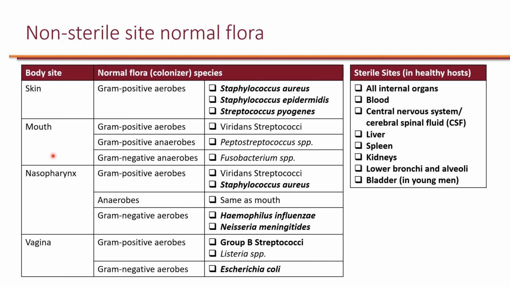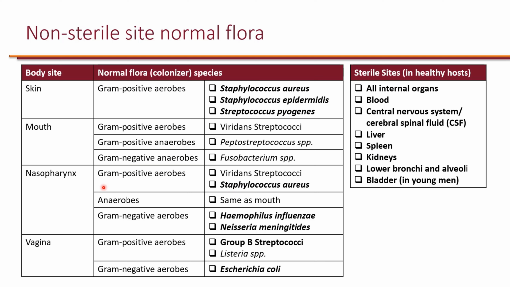There are obviously oral flora in the mouth. So, Fusobacterium, Peptostreptococcus, and Viridans streptococci. And then for the nasopharynx, again, Viridans streptococci and Staphylococcus aureus. The reason I have bolded some of these is that they are the ones that are clinically important, so you should definitely know them for sure.